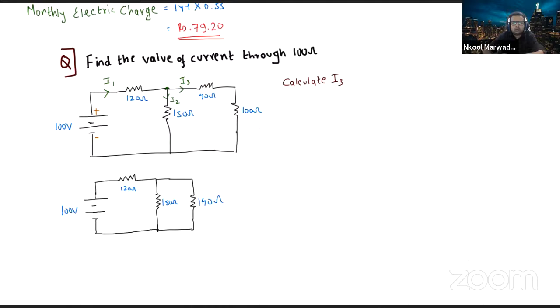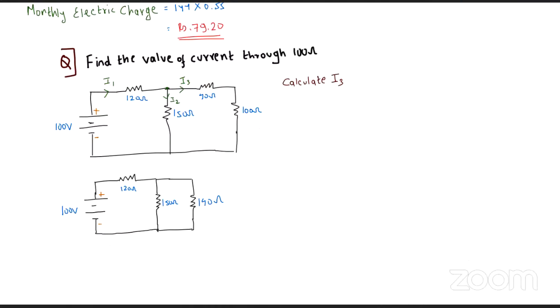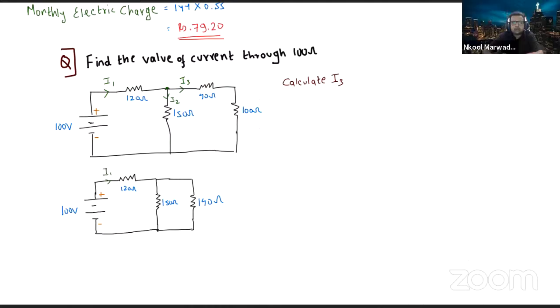This will be the plus, this will be the minus. But then we'll be finding the current through the 140 ohm, right? Yeah, that will be I3 only.